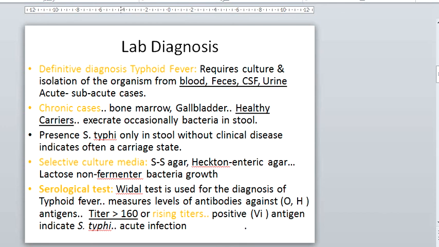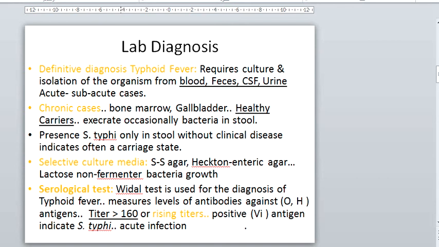Laboratory diagnosis requires culture and isolation of the organism from blood, feces, cerebrospinal fluid, and urine in acute and subacute cases, but in chronic cases, identification and isolation from bone marrow, gallbladder, and healthy carriers. Presence of Salmonella typhi only in stool without clinical disease often indicates a carrier state.